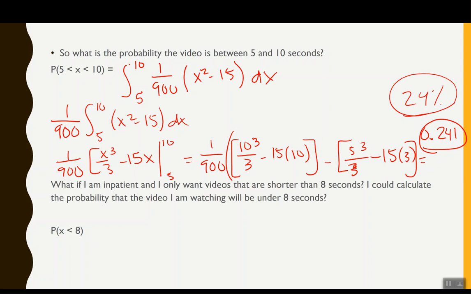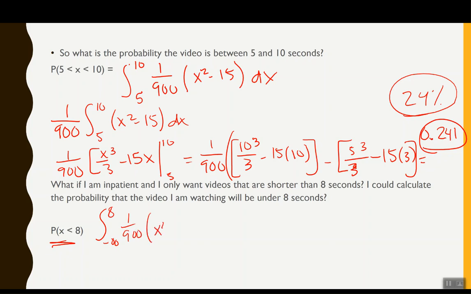So what if I'm impatient and I only want videos that are shorter than 8 seconds? So I could calculate the probability that the video that I'm going to watch will be under 8 seconds. So that would be the probability that x is less than 8. So your original thought would be, well, x is less than 8 means I go from negative infinity to 8 of my function.